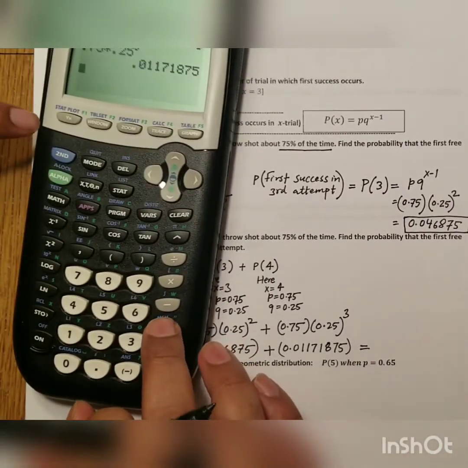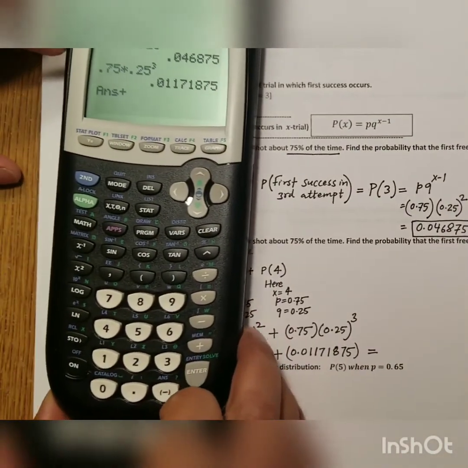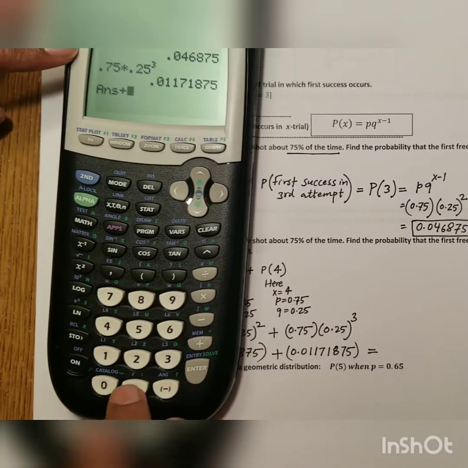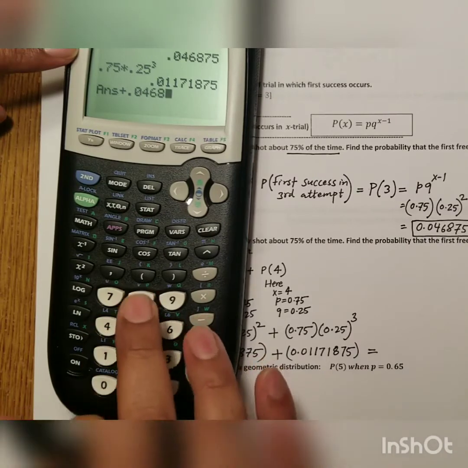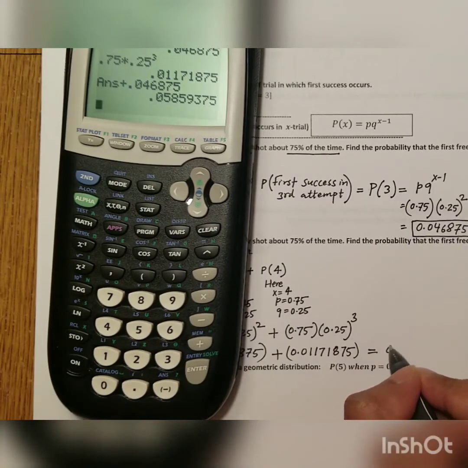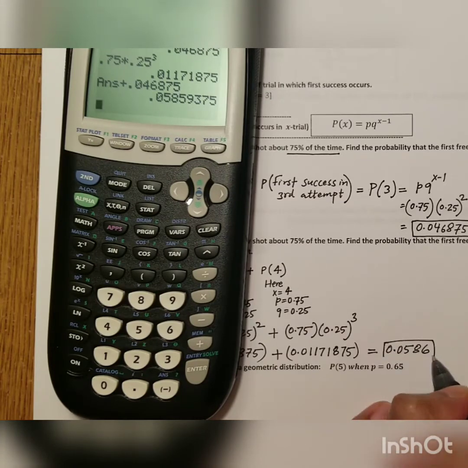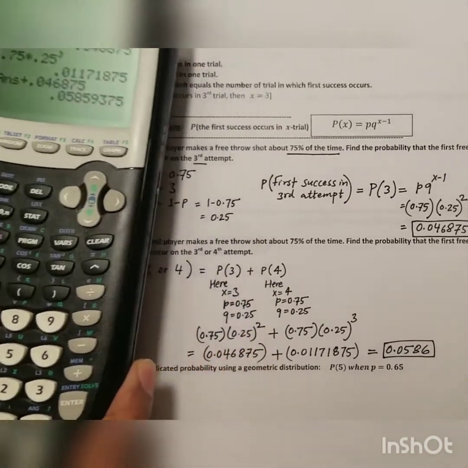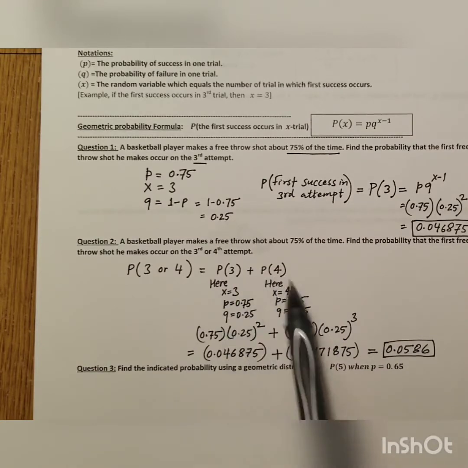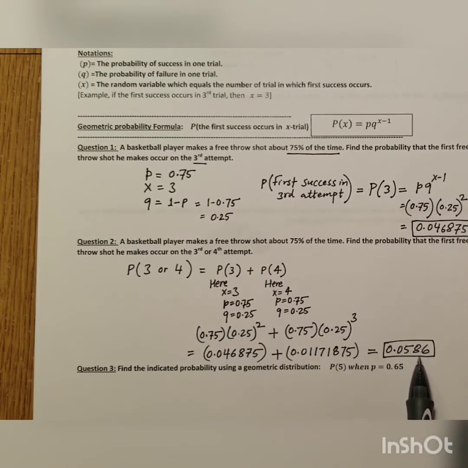Now you add these: this answer plus that answer, 0.046875 plus 0.01171875, I get 0.058, let's round it to 0.0586. This is the answer for the third or fourth trial. So the probability of getting success in the third or fourth trial is 0.0586.